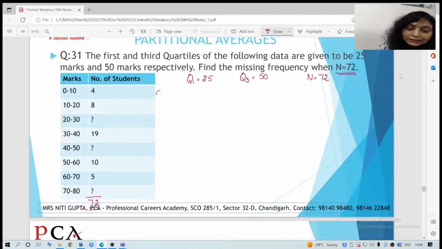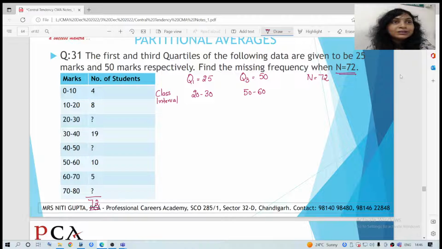So first, class interval. The class interval of Q1, according to the value 25, is 20 to 30. Q3 is 50, so it lies in 50 to 60, not 40 to 50, because these are exclusive class intervals, and in the case of an exclusive class the upper limit is not included in that class, it is included in the next class, so we say 50 to 60.